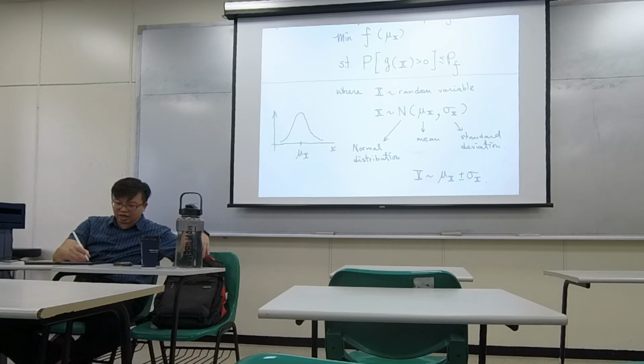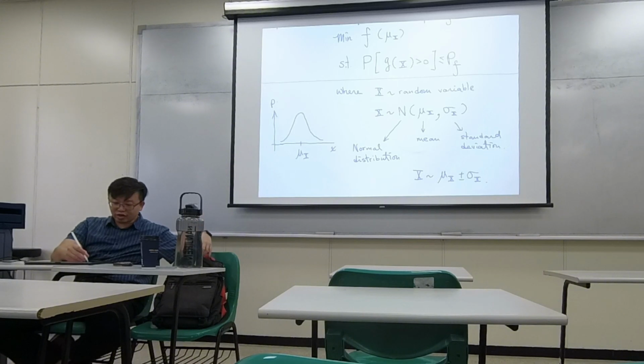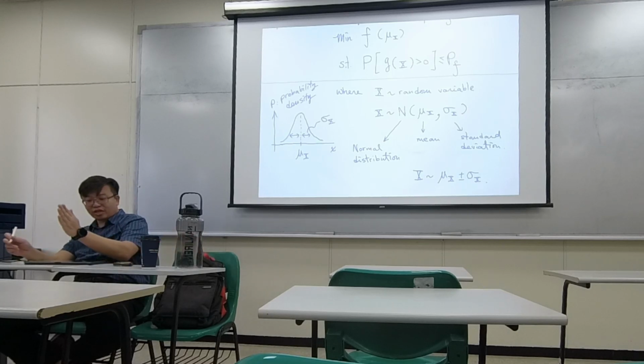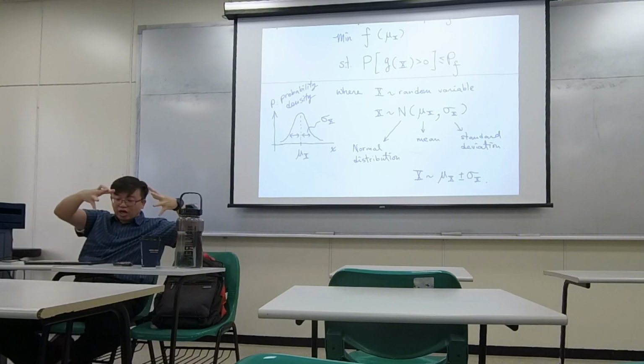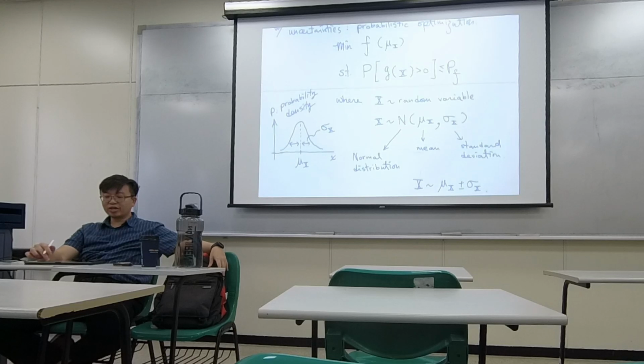This is probability density, basically. So this is called probability density. Okay. So this is like a standard deviation. So it's like you're moving the mean, and the whole chunk of the normal distribution moves with you. Okay?